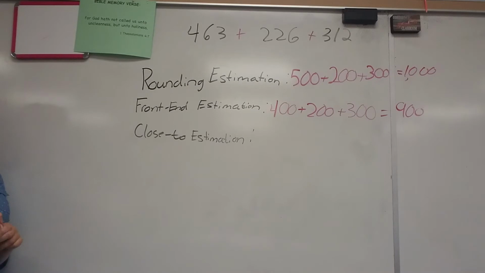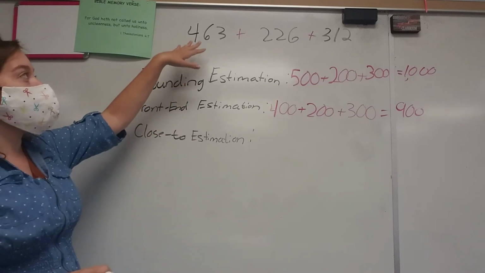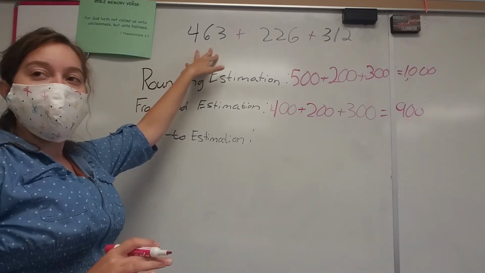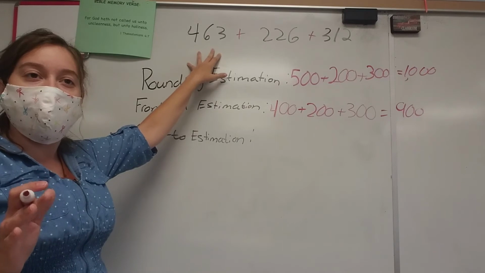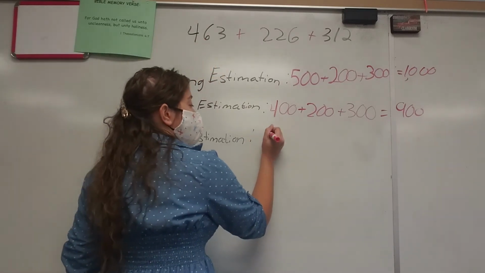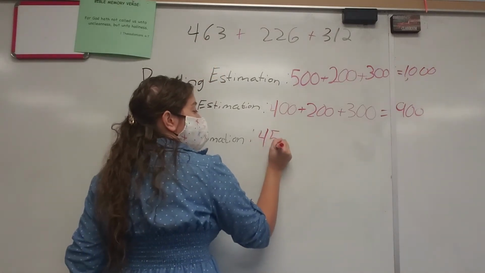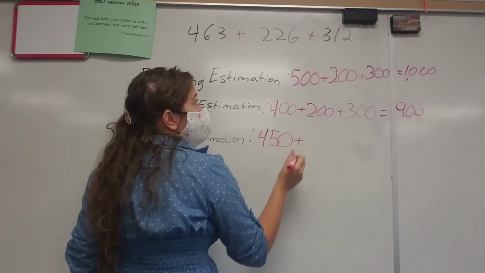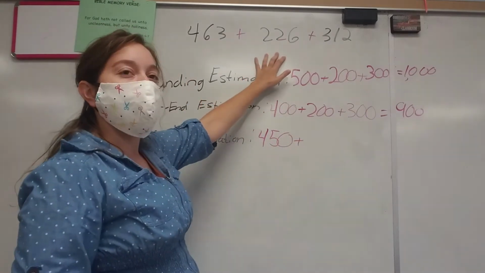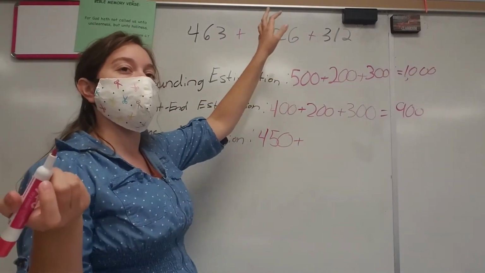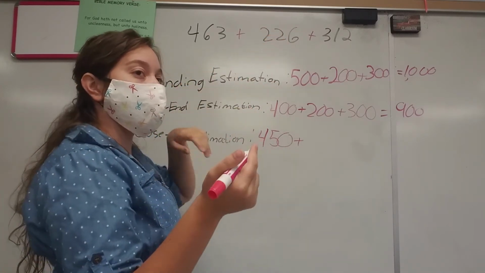Here we're not rounding to one specific thing. Okay? We're just saying, okay, this one, 463, it's kind of close to 450, right? So we're just going to say this is 450. This one, what's this one close to? 200, 225, 250. What is it? Mary? 225.